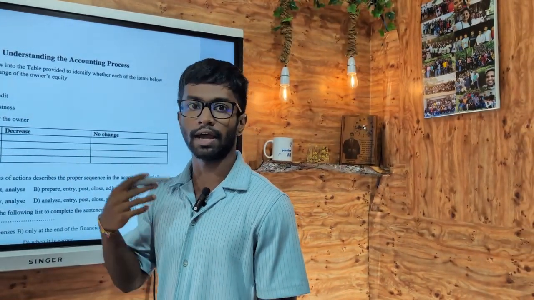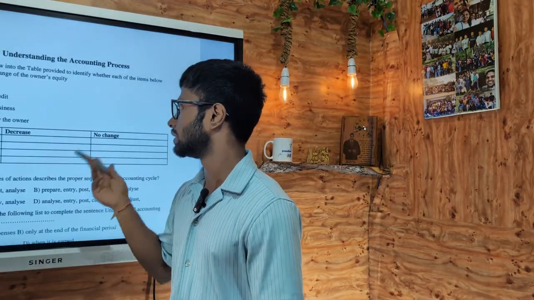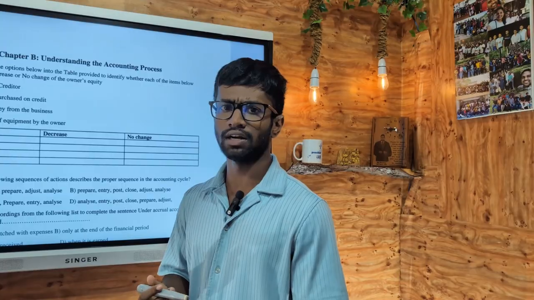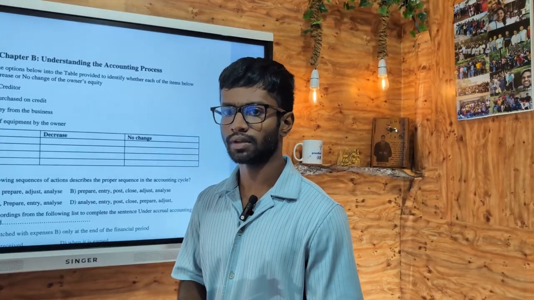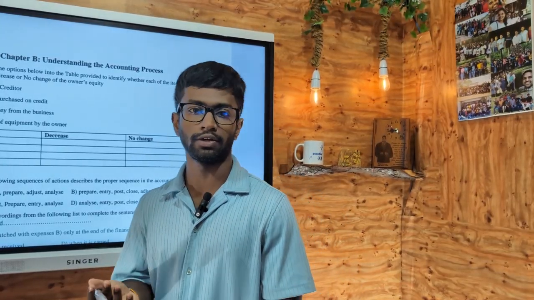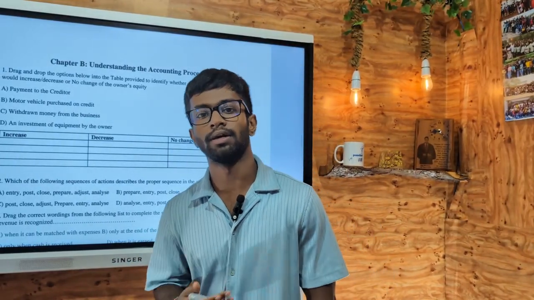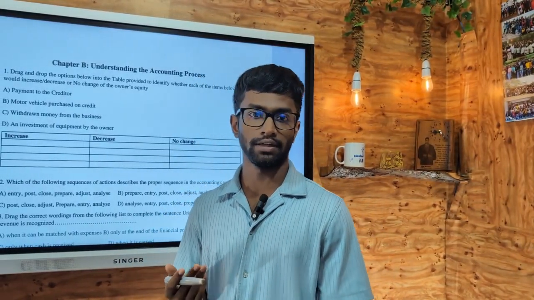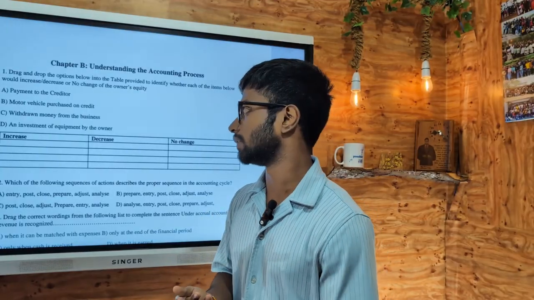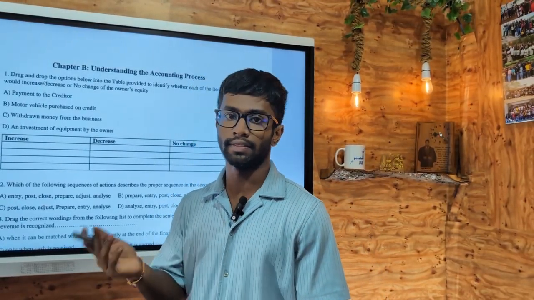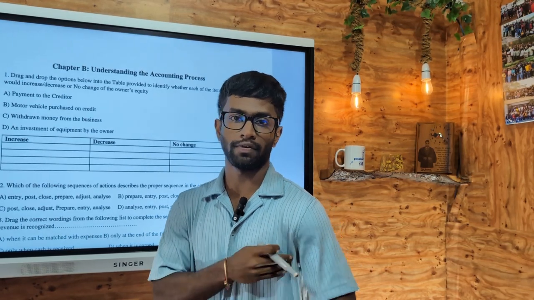So we learned in the second chapter the items which would increase your equity. I hope you remember: income, expenses, drawings, and additional capital. Those are the only items which would affect your equity. Other than that, everything else has no effect.